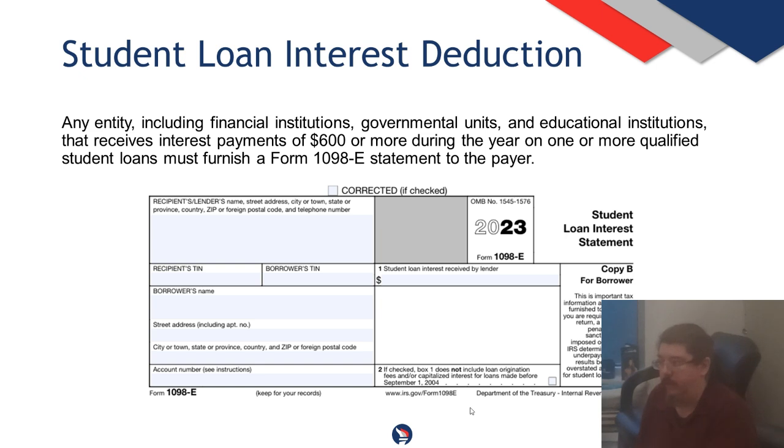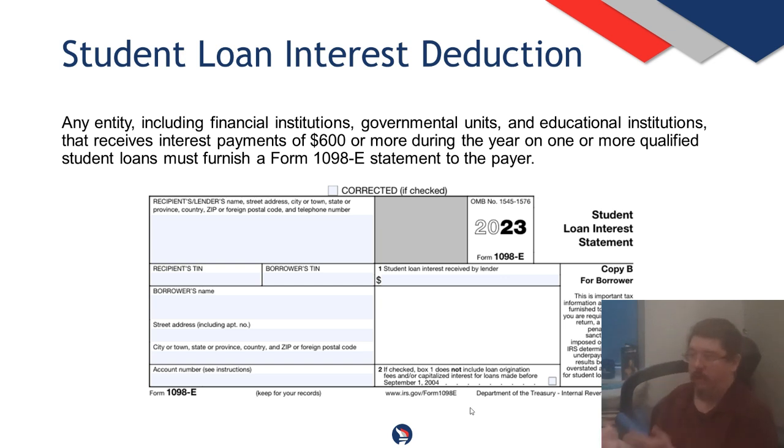So if you borrowed money and used that money to pay for your dorm fees, or even if you use them to pay for an apartment off campus, that still qualifies as a student loan. So a student loan does not necessarily have to be something that's called or packaged as a student loan. It can be any loan that's used 100% for educational purposes. It could even be a credit card.